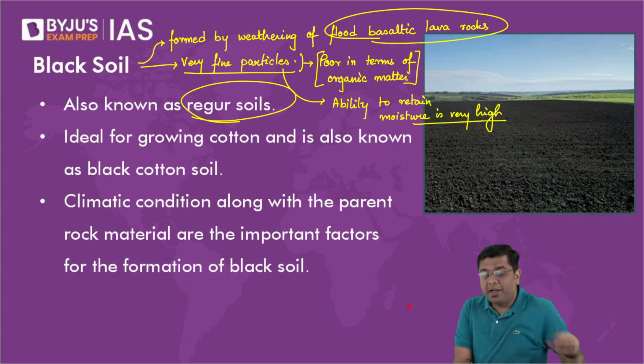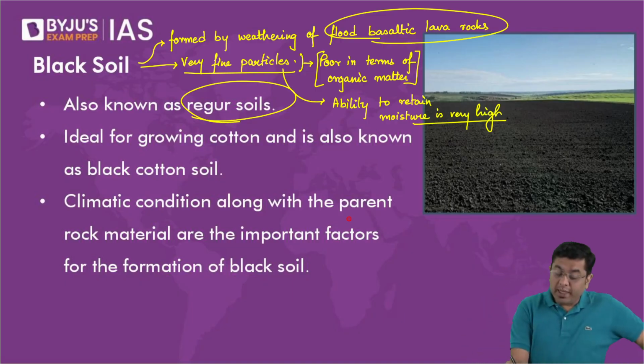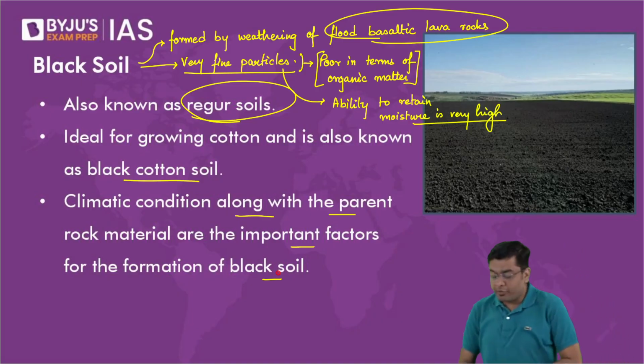Okay, that ability to retain moisture is very, very high. It is ideal for growing cotton and is also referred to as the black cotton soil. So climatic conditions along with the parent rock material are the important factors for the formation of the black soil.